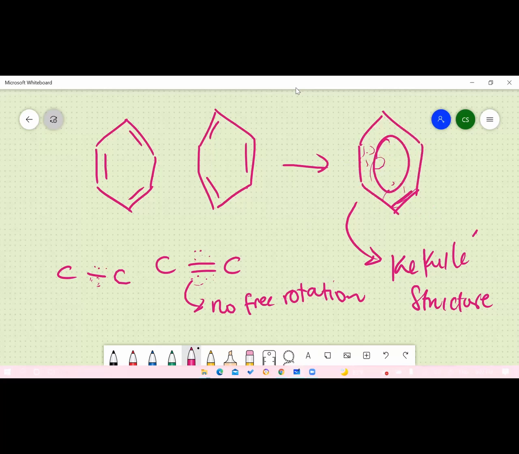Yeah, but that's the thing. Electrons in these bonds are localized, while in, say, this structure, they are delocalized. Cool? Cool. All right, great. That's all you need to know about that.